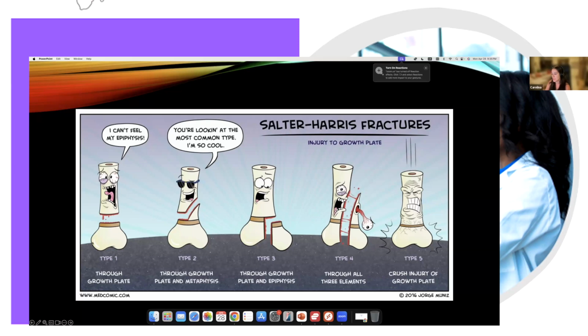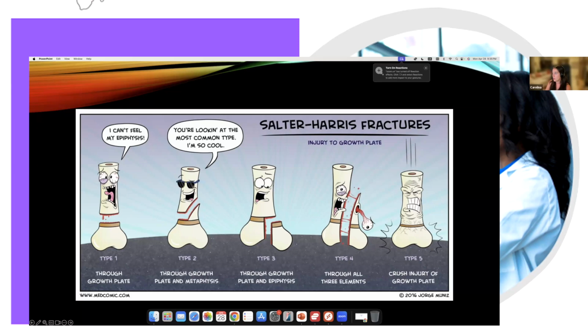So you would say Salter is kind of like slit, A for above, L for lower. Type 3 goes through the growth plate and the epiphysis. So above and lower, S-A-L. Third is through, so type 4 goes all through the elements, and R is for ram, a crush injury of the growth plate.